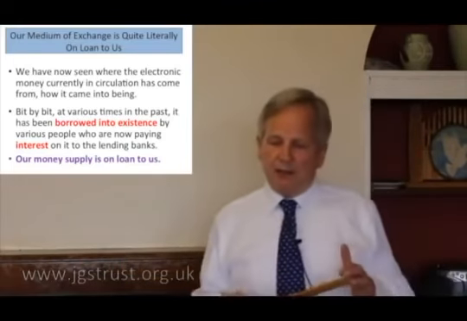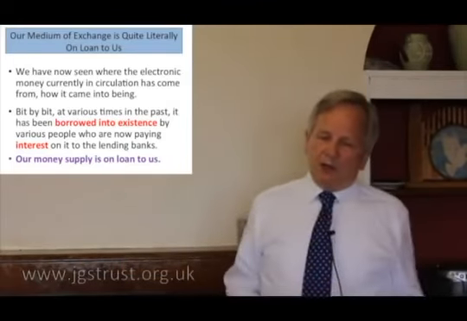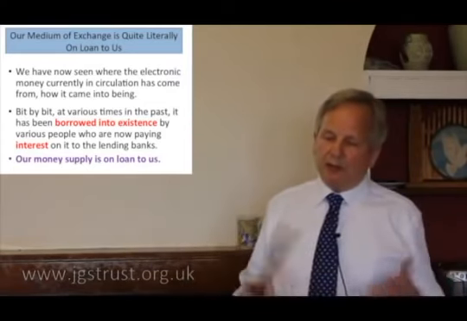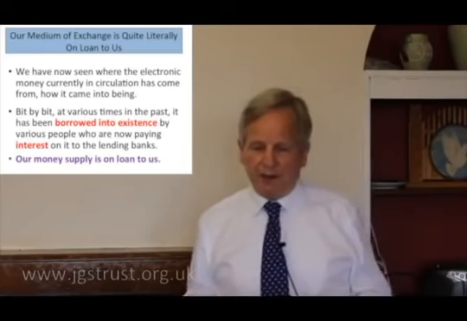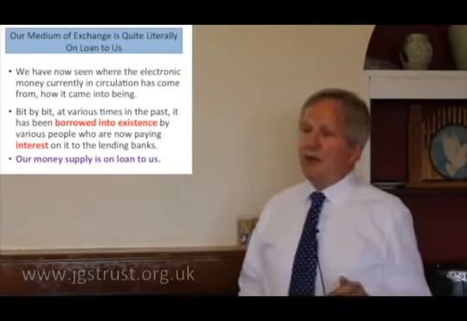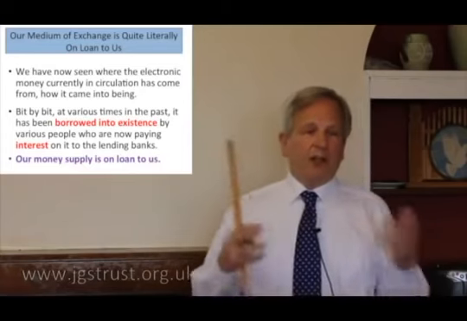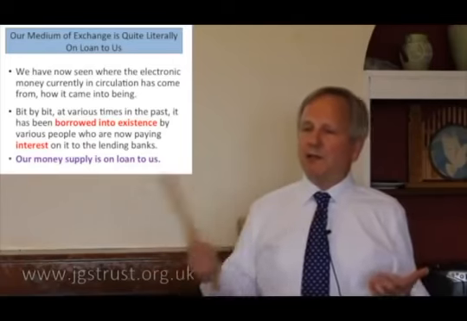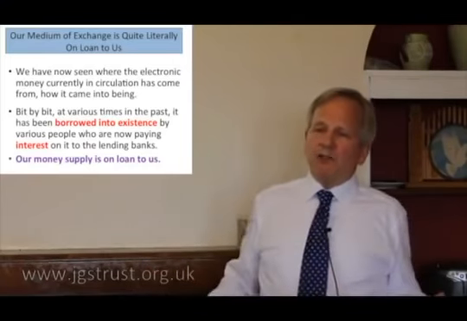So that means that if you think of the whole money supply, the electronic bulk of it, which is more or less all of it these days, then that money supply, that medium of exchange, is actually on loan to us. It has no permanence. It doesn't go round and round within the community of money users.